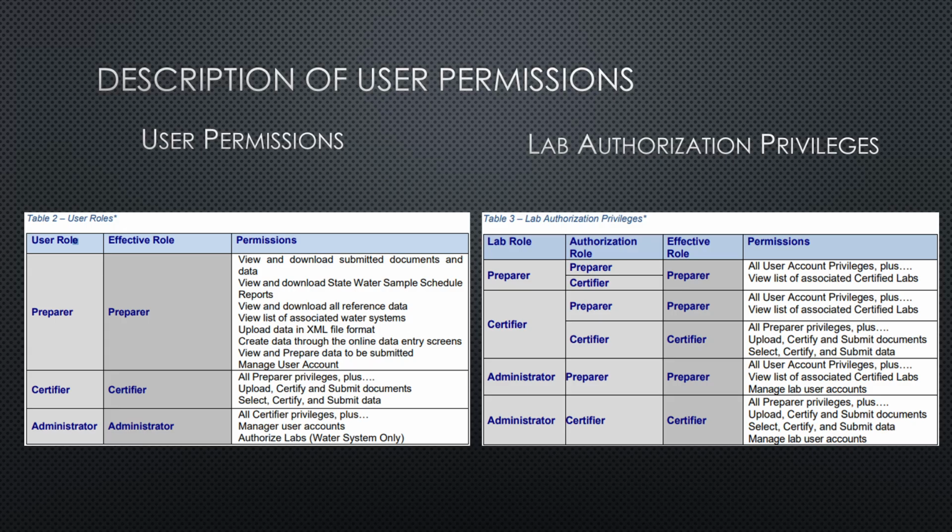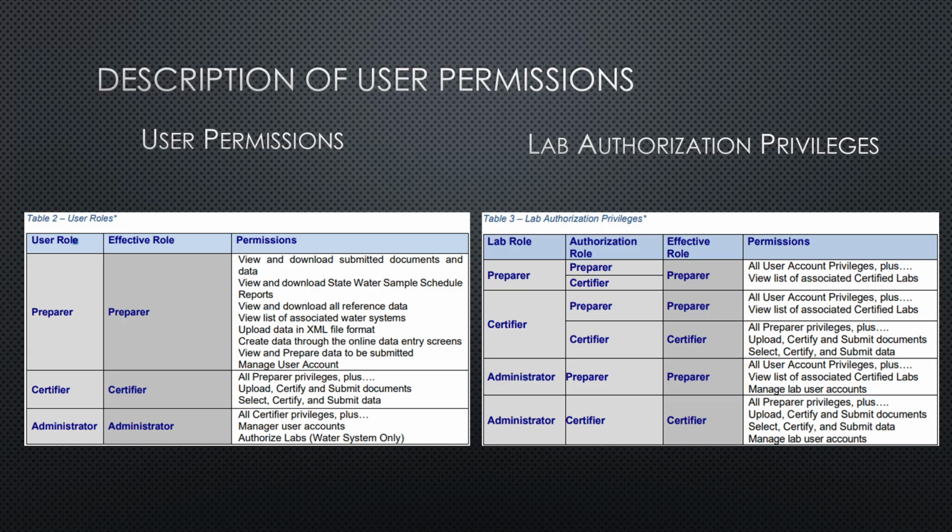The role of a preparer is basically a read-only role that can also enter data into the system. The certifier can do all the things a preparer can do, but they can also create submissions to the department. Certifiers and administrators must be identity proofed. The administrator can do all the things a certifier can do, but they can also manage user accounts for the water systems that they are an administrator for.